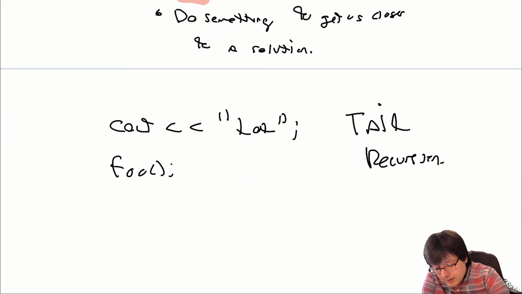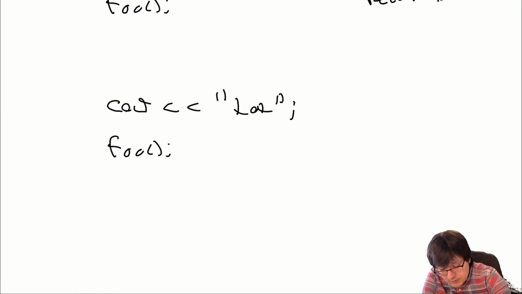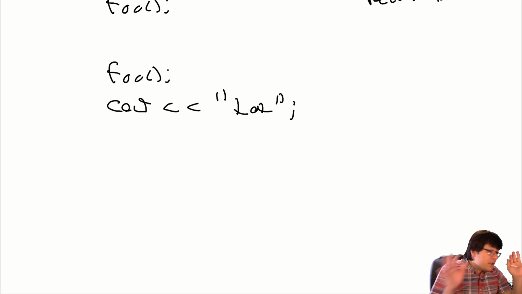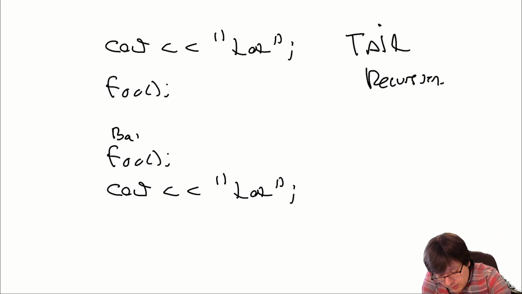Alternatively, if you have the recursive call and then the foo part, you still need to have the base case before in either of these. So the base case has to be here for the second example.